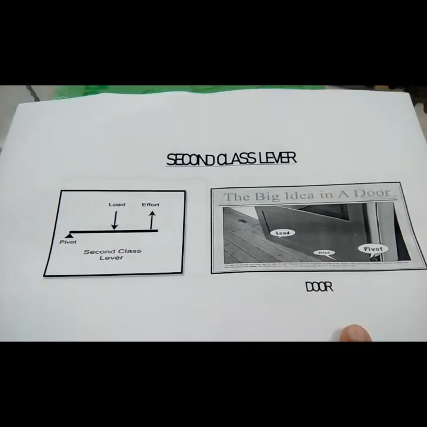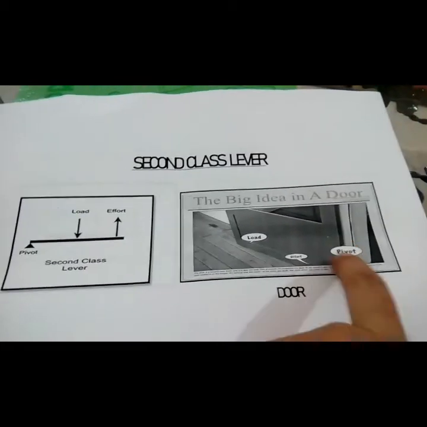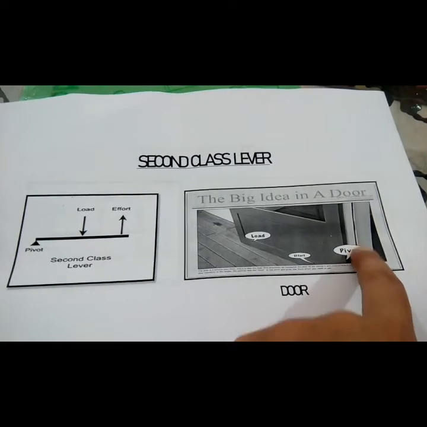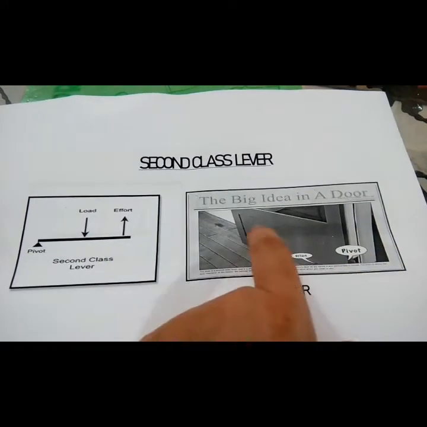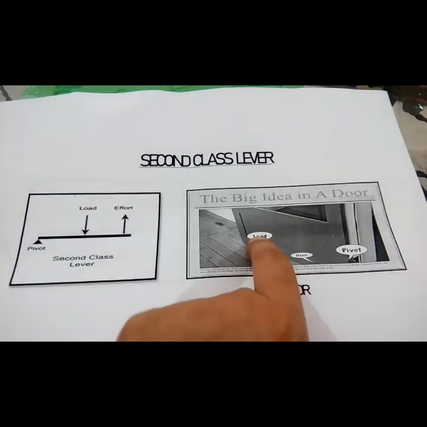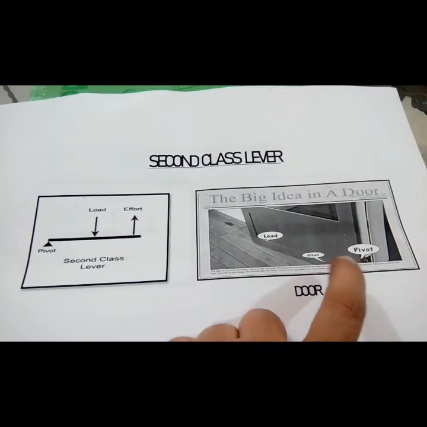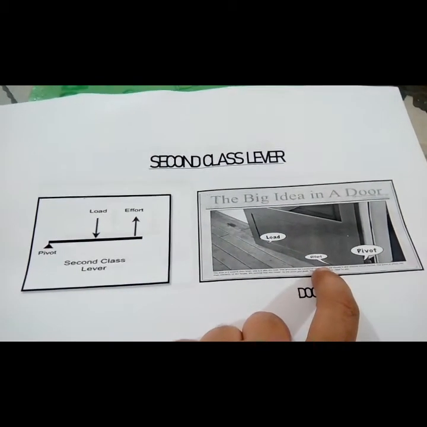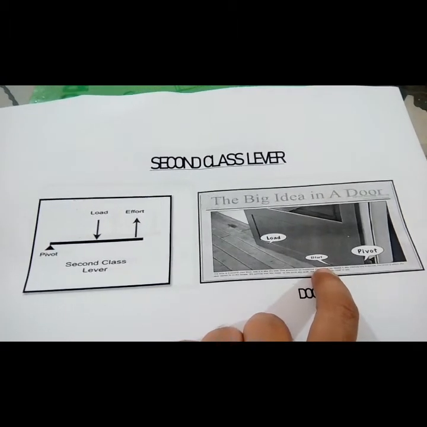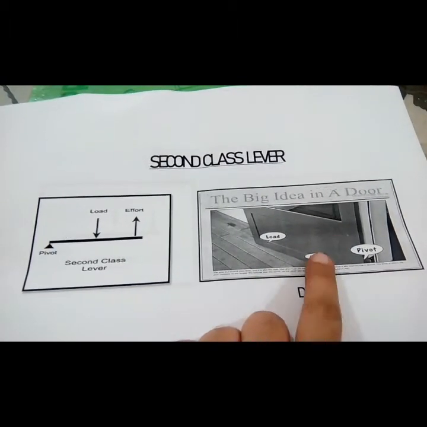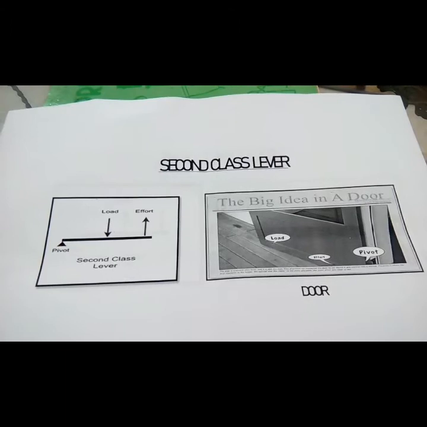Let's take an example of a door. The fulcrum, the hinges, are at one end. The resistance, that is the load, the weight of the door itself, is in the middle. And the effort, the work done on the door as your hand pushes, is at the other end.